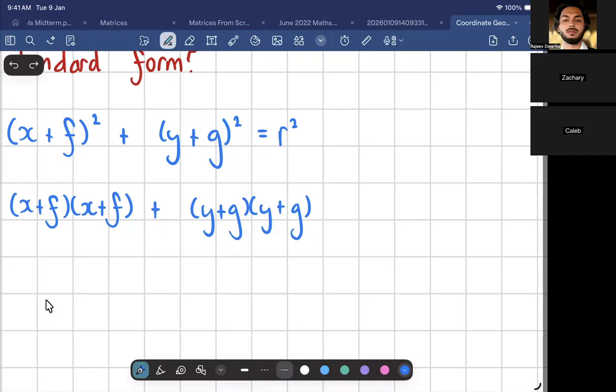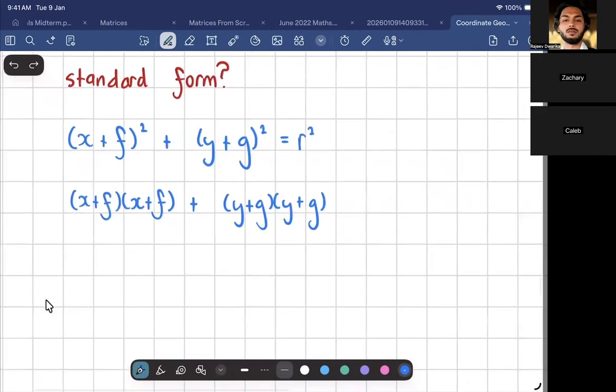All right. So I said that we want to move everything over to the left-hand side. So Caleb, do we have anything on the right-hand side? Look above. We have r squared. So if I wanted to move that to the left-hand side, what would it become?